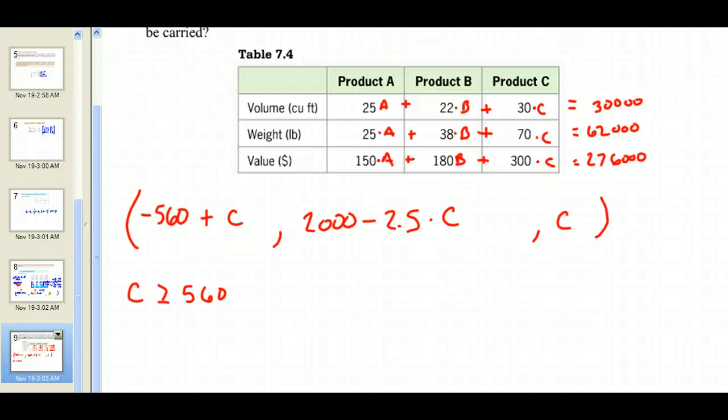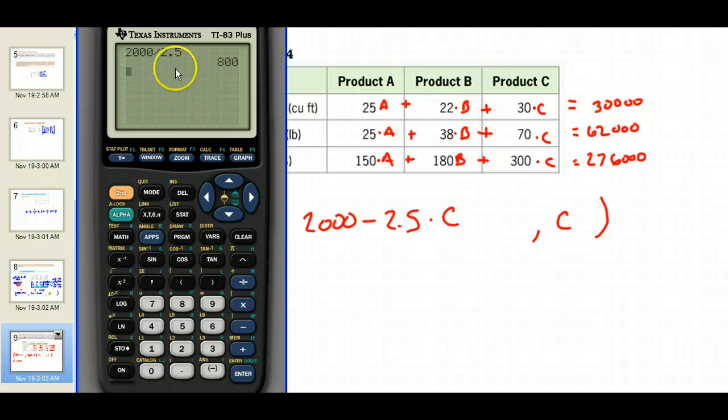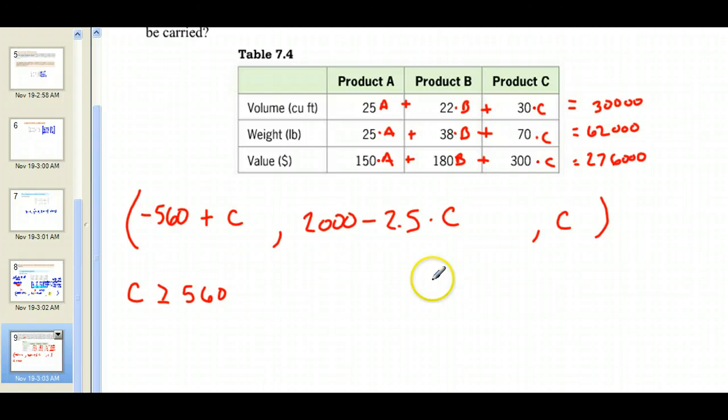And this right here, 2.5 times something being subtracted from 2000, this B can't be negative, so we can't multiply 2.5 times something big enough that when we subtract it from 2000, we get a negative number. So what makes C times 2.5 equal to 2000? 800, you can see. So C can't be bigger than 800. C has to be less than or equal to 800.